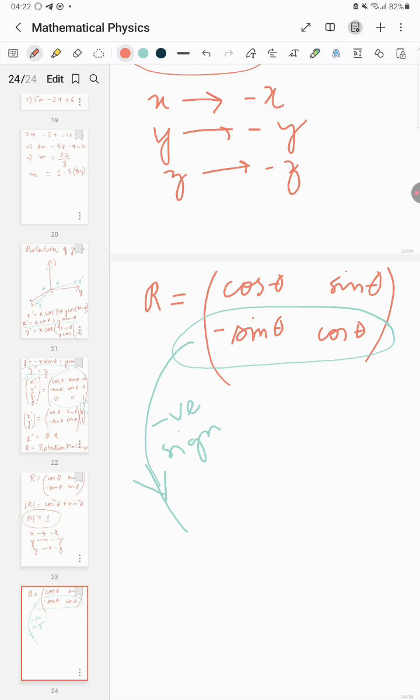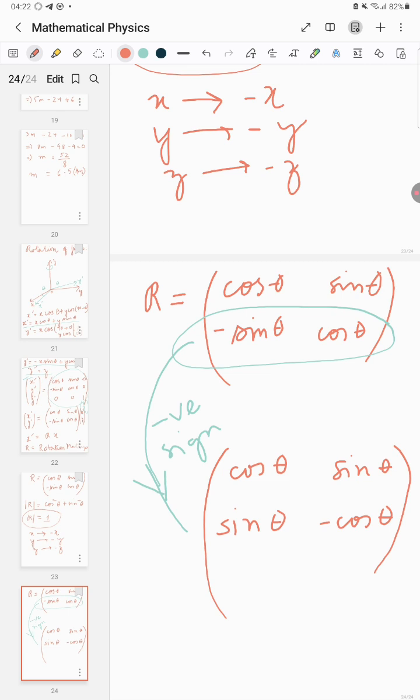So the upper two terms remain the same, cos theta and sin theta, but the lower term, that is minus sin theta, changes to sin theta because it has a minus sign already multiplied with it, and cos theta will change to minus cos theta because cos theta will also have a multiplication of minus sign with it. So this R prime basically stands for reflection.